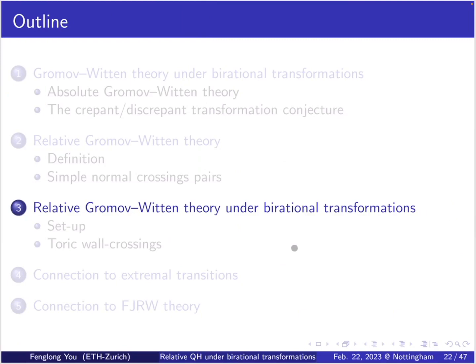So there are basically two motivations to study this topic, relative Gromov-Witten theory under birational transformations. One is that it's a classical question from the Crepant Transformation Conjecture. Another reason is that it can tell us a relation between this kind of relative Gromov-Witten theory and log Gromov-Witten theory.